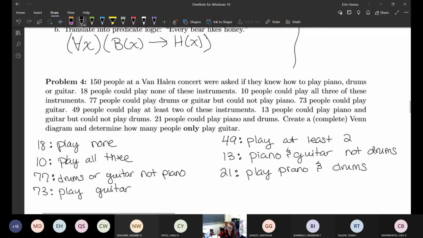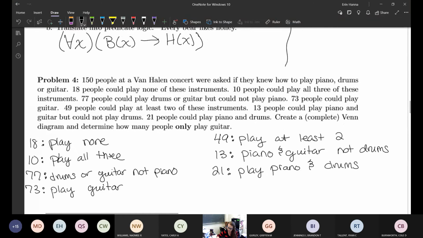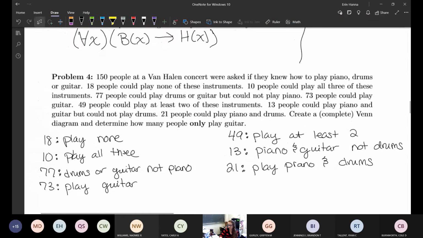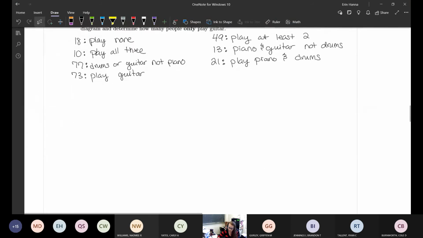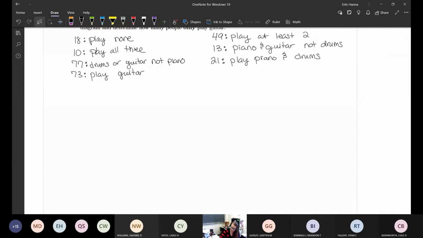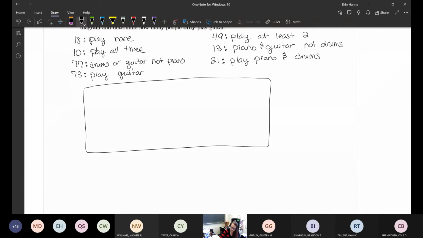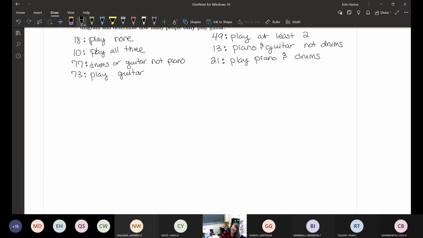So let me zoom out a tiny bit if it'll let me. There we go. And I'll keep all of that information in. I'm going to draw a box first. Remember that essentially we're talking about 150 people, but some people don't play any of them, so we need to put them somewhere. But then we'll have essentially a 3-circle Venn diagram. That's not going to be large enough. I need to draw this larger.